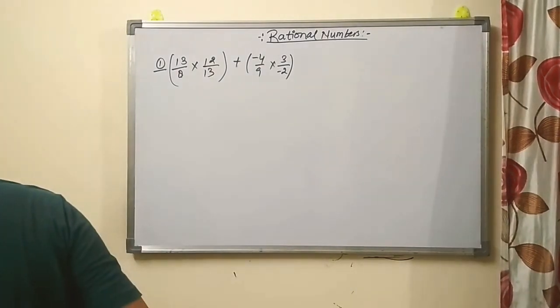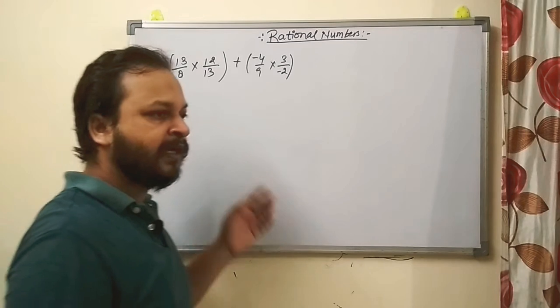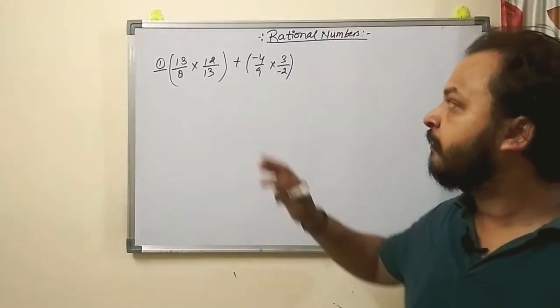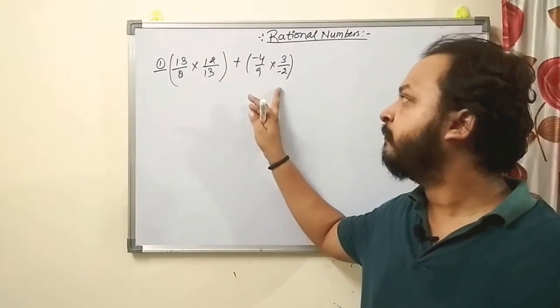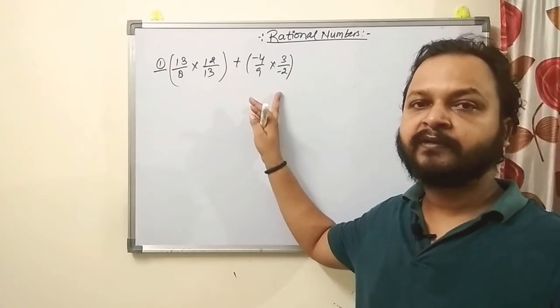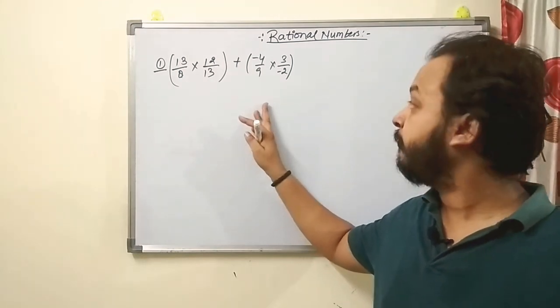So, while solving a question on rational numbers, you have to focus on one thing first: if the denominator of any rational number is negative, first convert it into a rational number with a positive denominator.